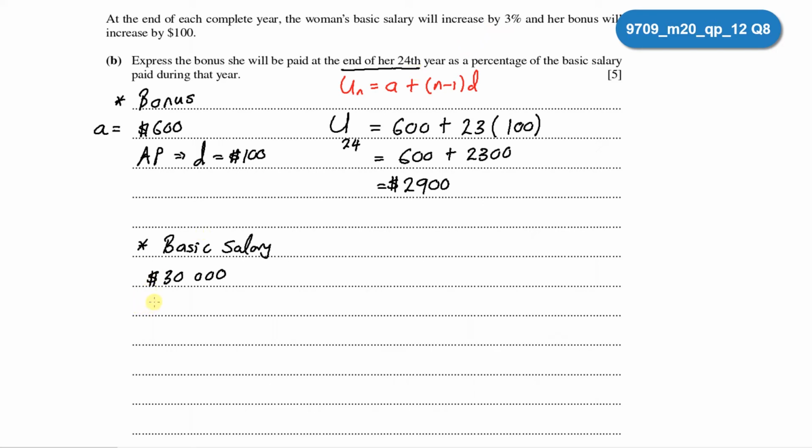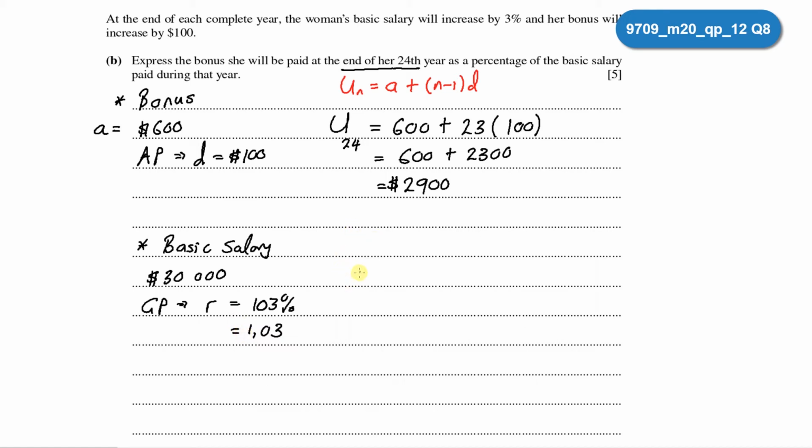So this means to me that it's a GP, a geometric progression, and since it's an increase of 3%, that will be 103% as the common ratio, which is 1.03. That's the common ratio for us here.